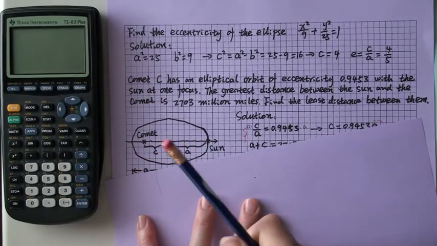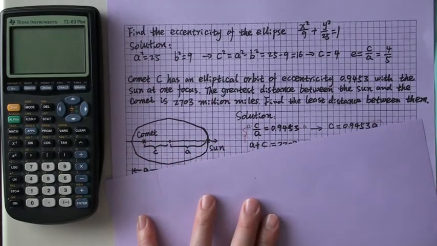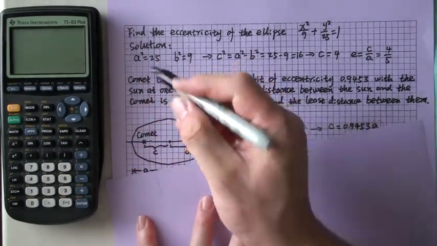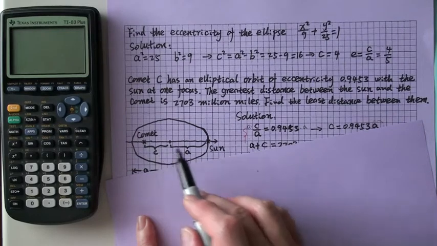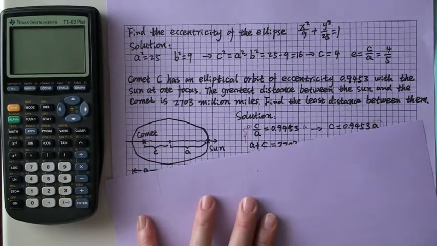The comet is right here. The longer distance is actually A plus C.